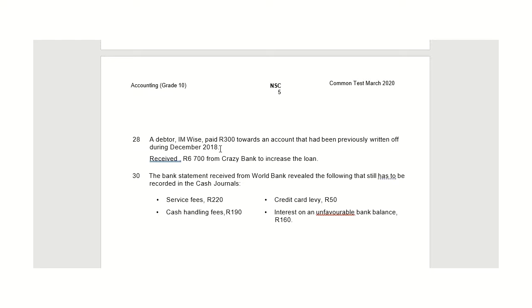In other words, we're receiving the money. So it will be a CRJ. So you can see you've got to read very carefully so that you do not just look at a word in isolation. Who paid who? A debtor paid us. In other words, we received money.